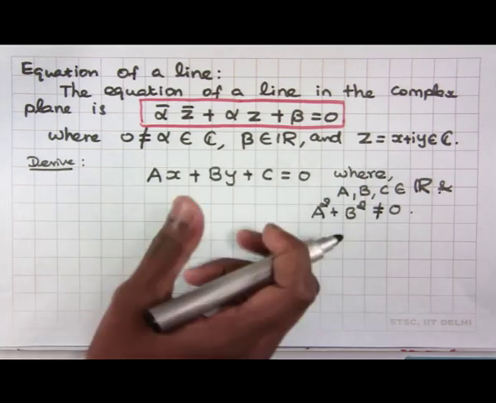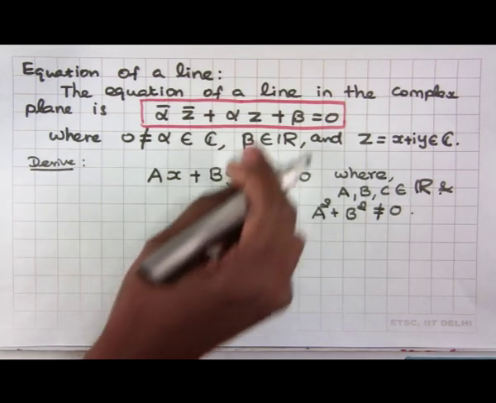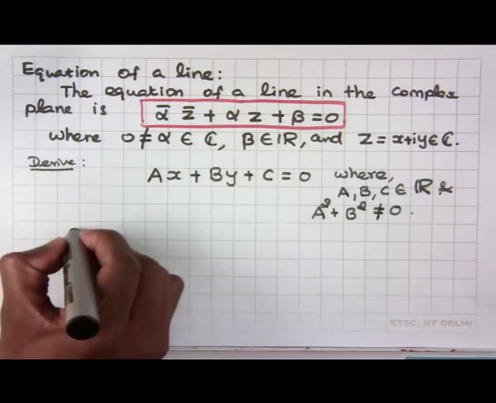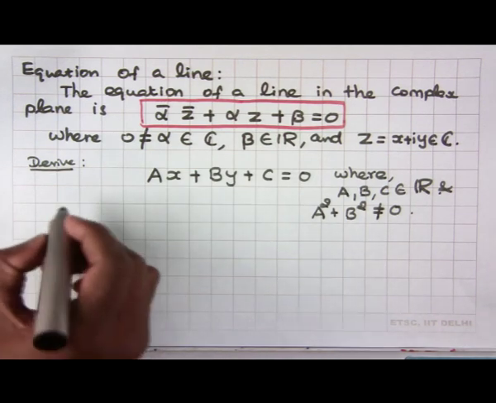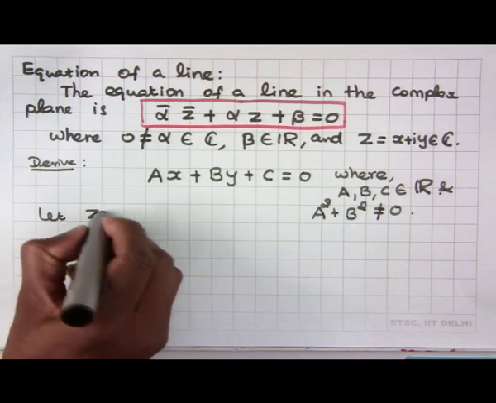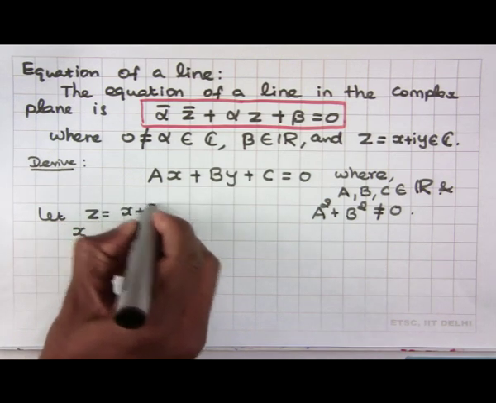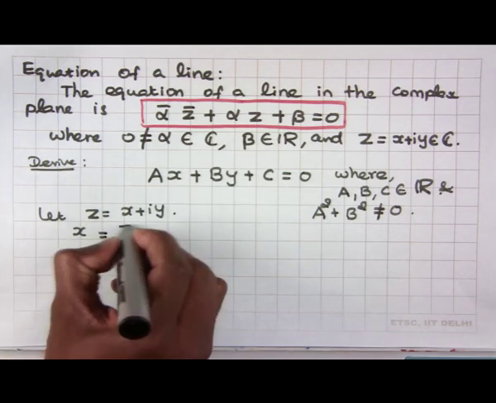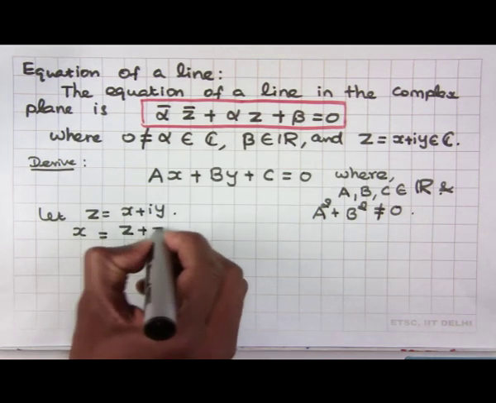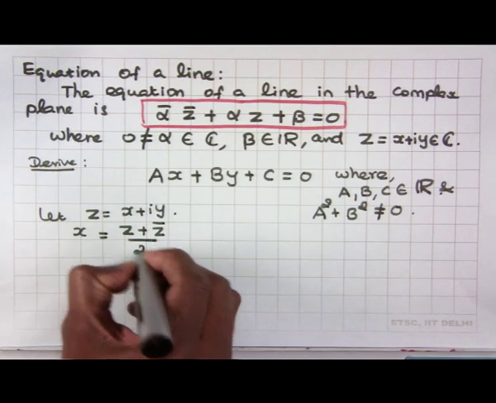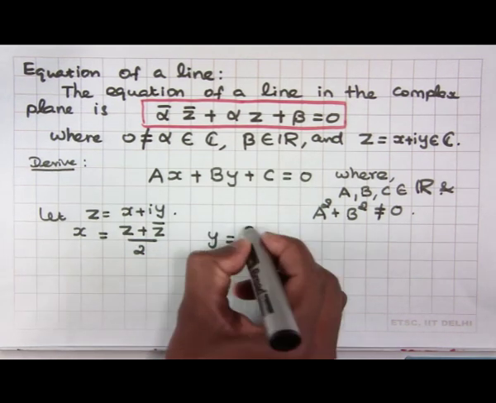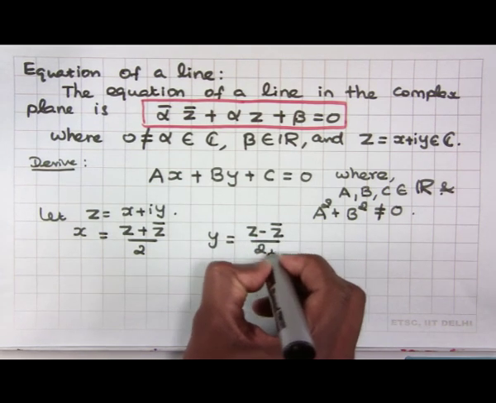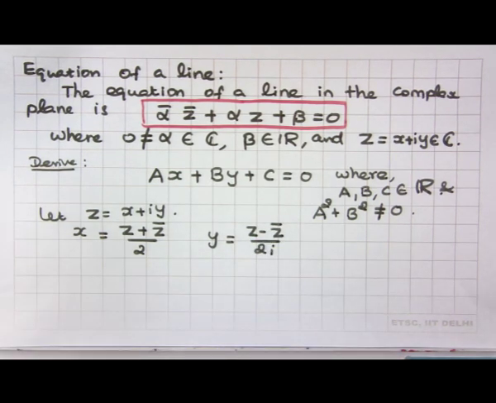Now, for this pair x, y, we can associate a complex number: let z = x + iy. Then x is given by (z + z bar)/2 and y is given by (z minus z bar)/2i.